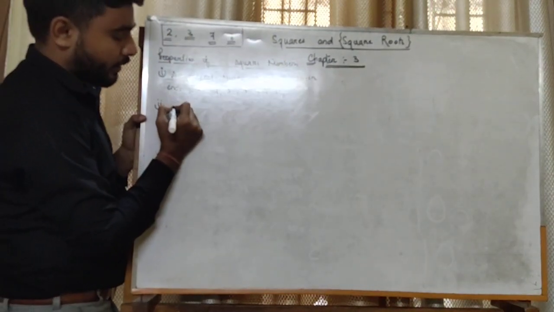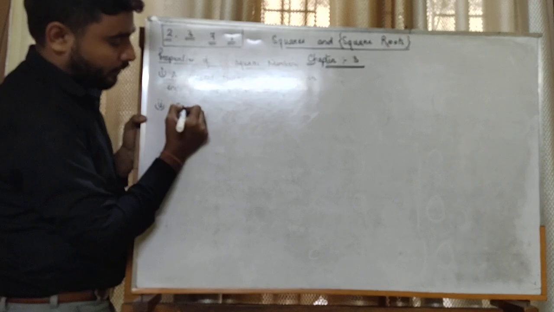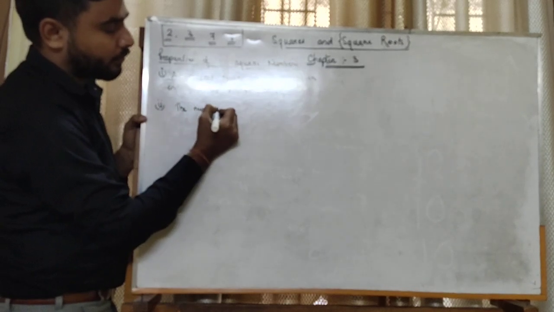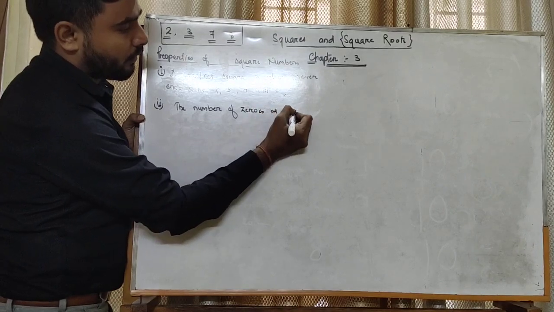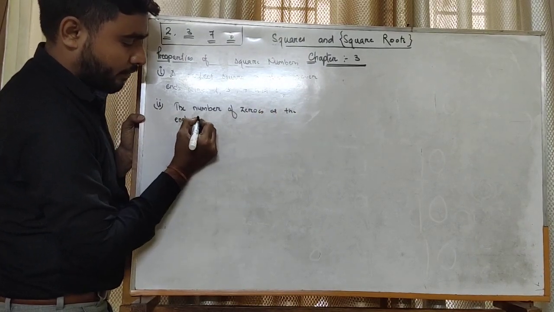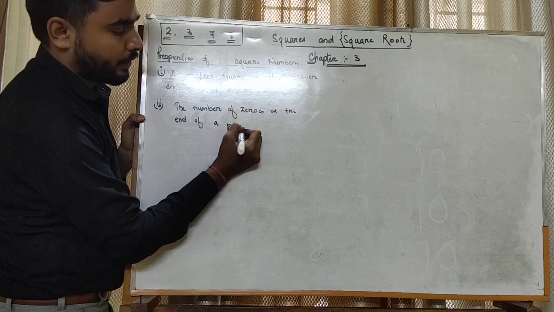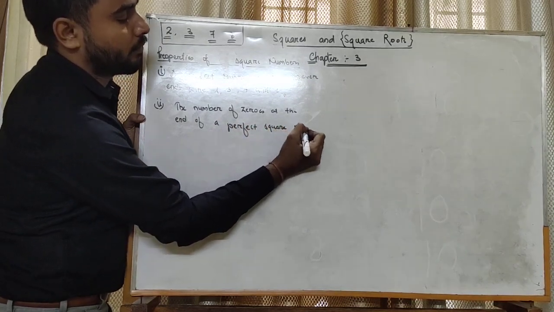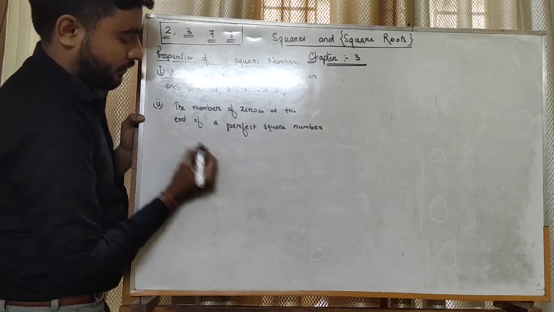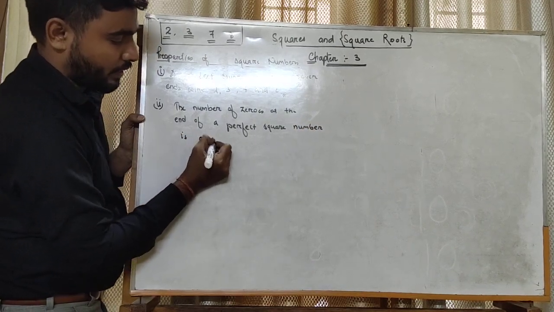Then property number 2: the number of zeros at the end of a perfect square number is even.